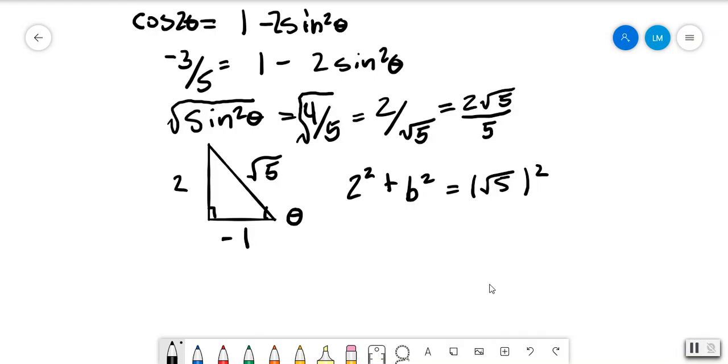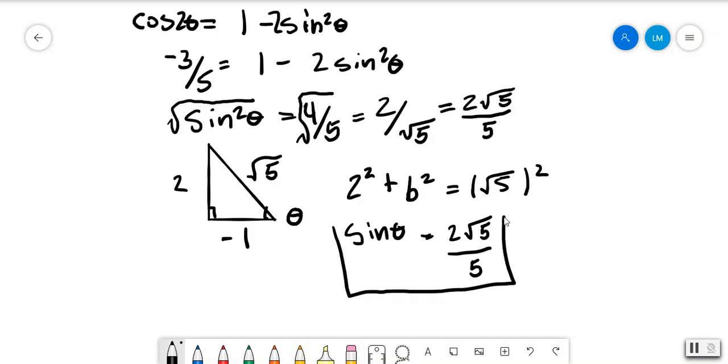Now we'll take that base from here so we can find the remaining trigonometric functions. So sine of theta is equal to, well, we already found it. It was 2 root 5 divided by 5. So that's sine of theta.